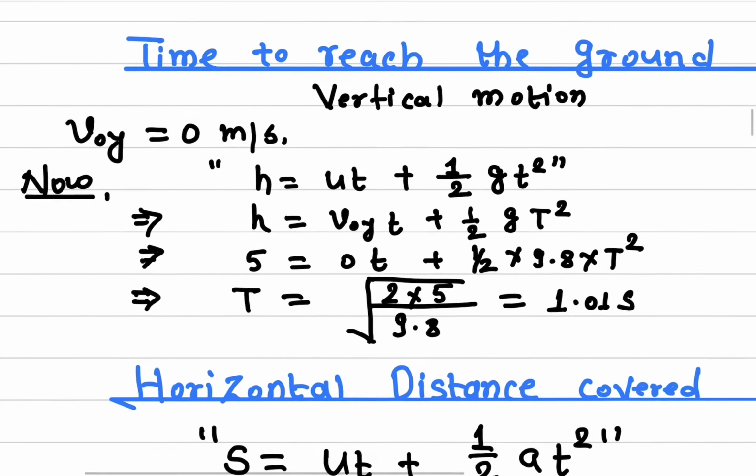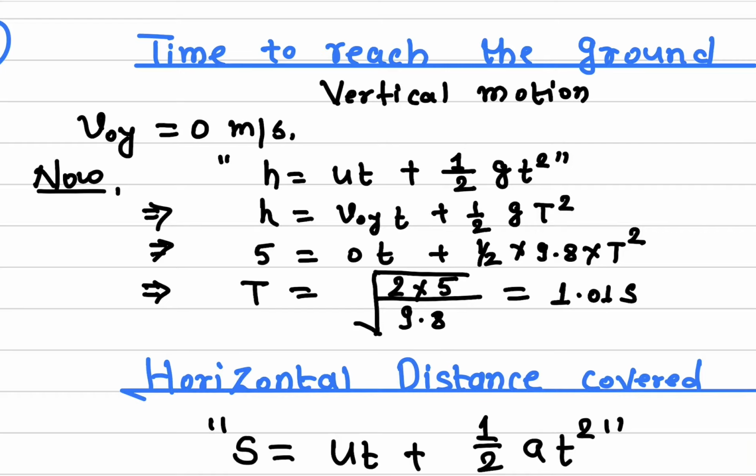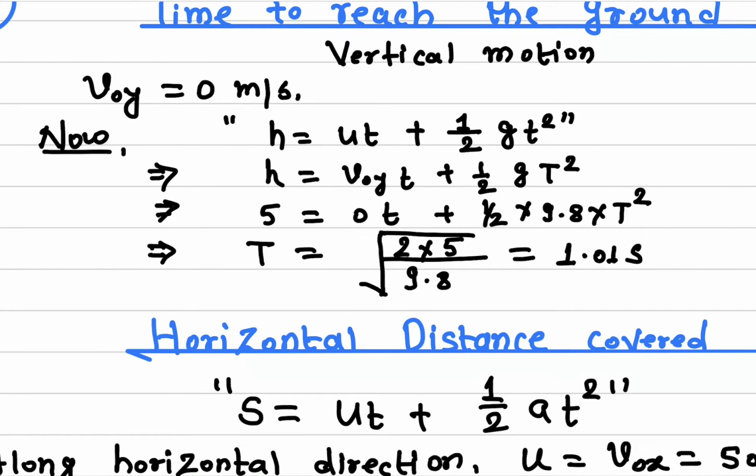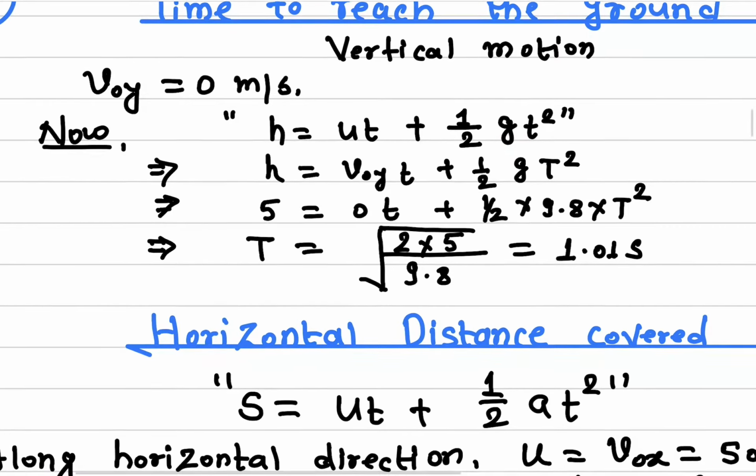Because we have the information along the y-axis, we're going to use the equation along the y-axis to find the time. So we're going to use this equation. H is the height, u is the initial velocity, plus half g t squared.